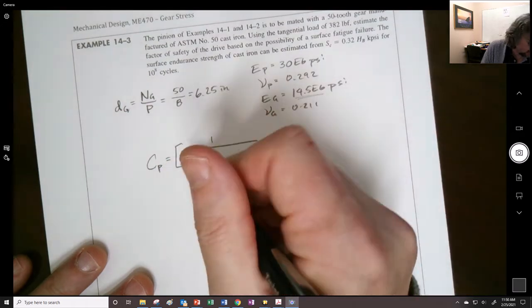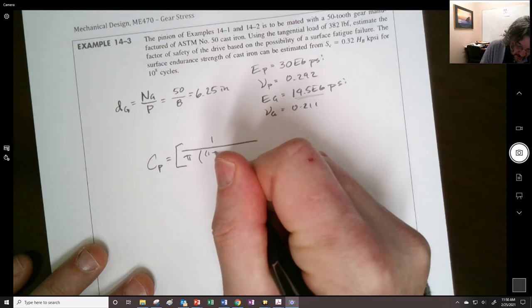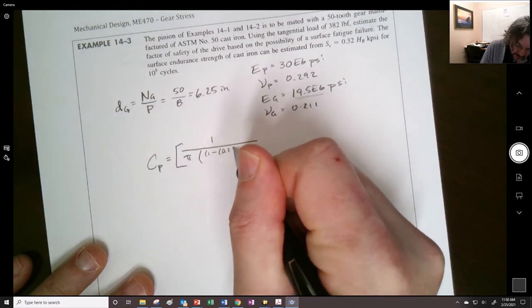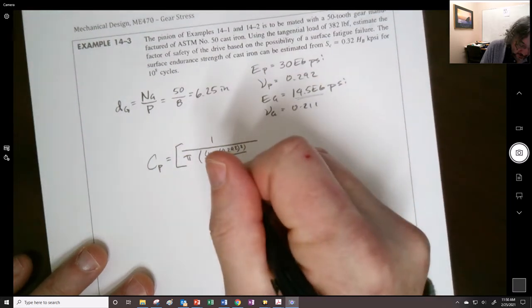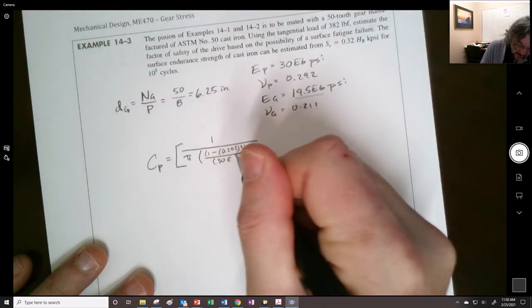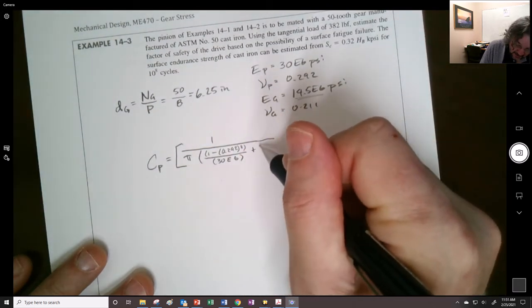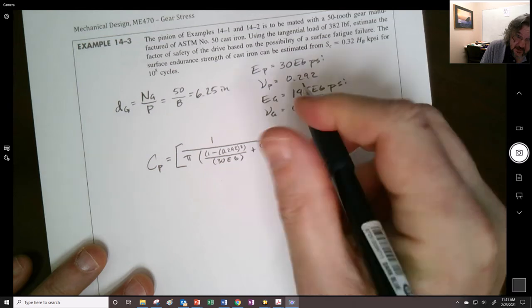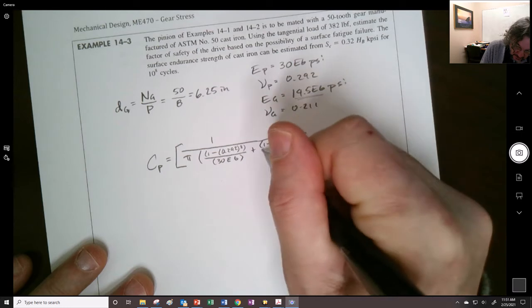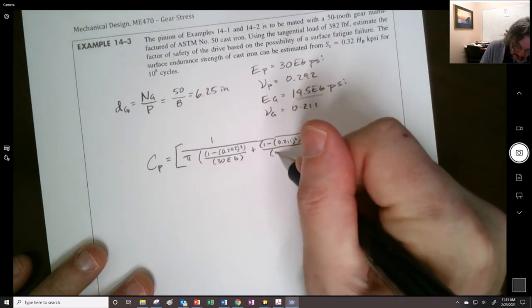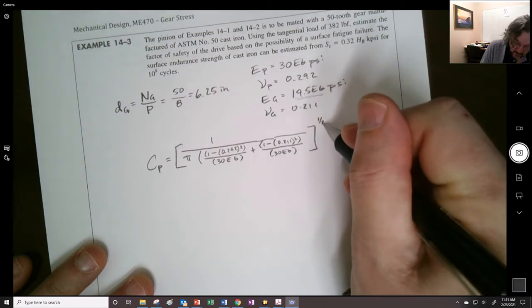It's going to be 1 over pi times the square root of 1 over, 1 minus Poisson's ratio squared over the elastic modulus, and we're going to add to it 1 minus 0.211 squared over 30E6, right here, all to the 1/2.